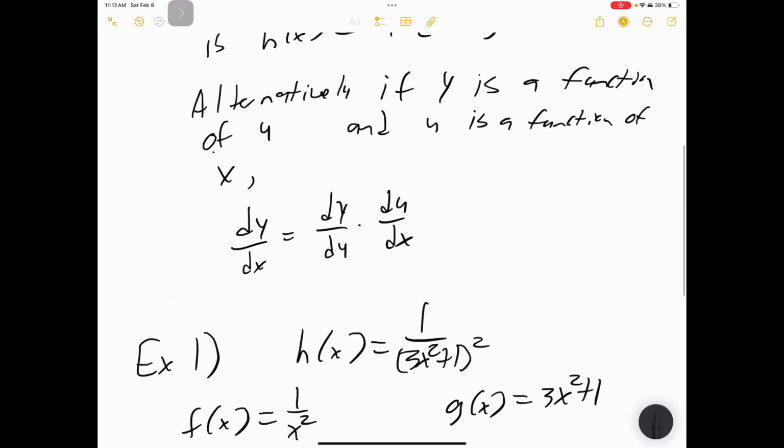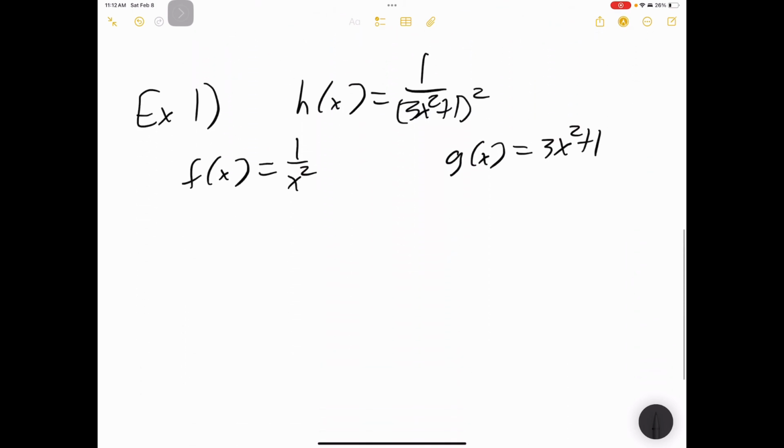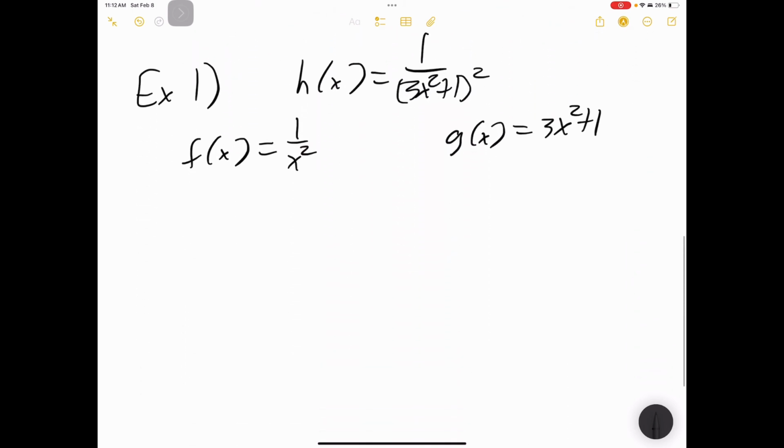And what did we see up here? We saw that the derivative of f of g of x is going to be the derivative of f with g inside. So let's take the derivative of f and then put g of x inside. Well, f of x is equal to 1 over x squared, which can be rewritten as x to the negative 2.